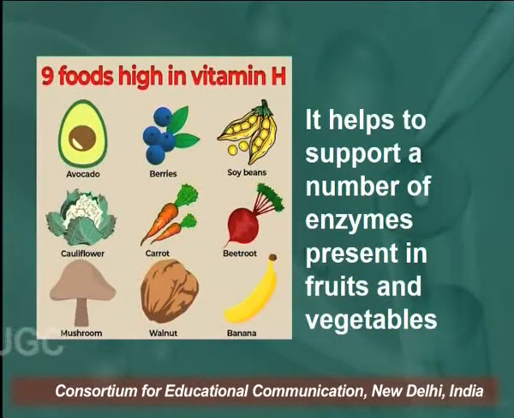And these are some foods which contain vitamin H, and it helps to support a number of enzymatic reactions, present in fruits and vegetables. So these are some important foods which contain vitamin H.